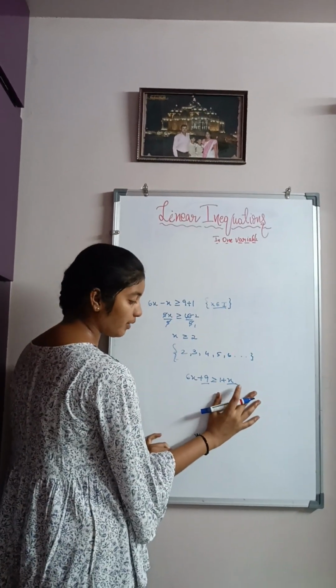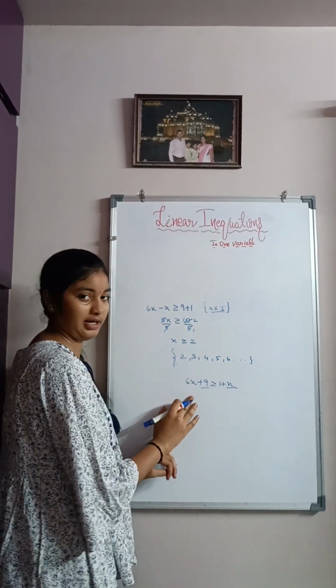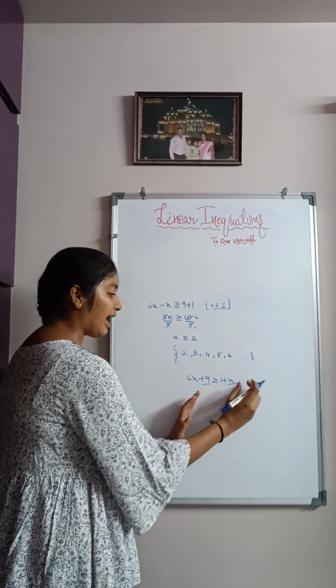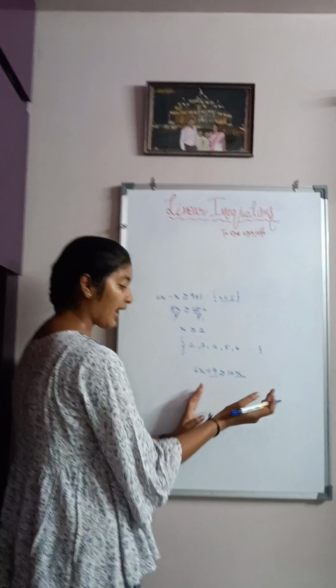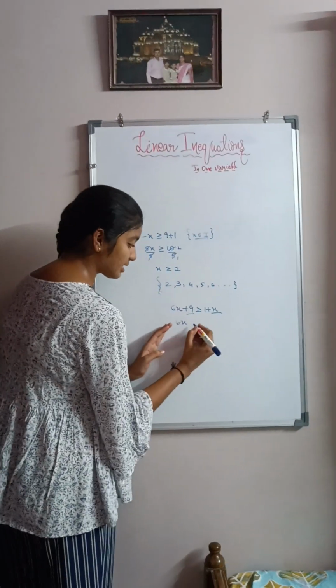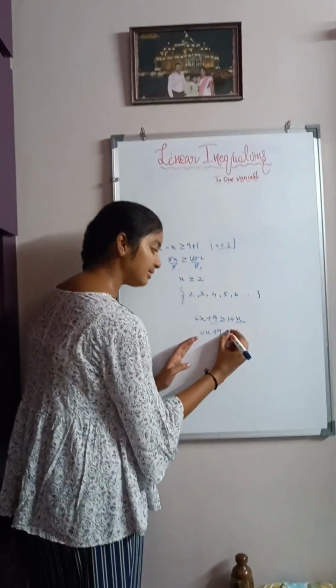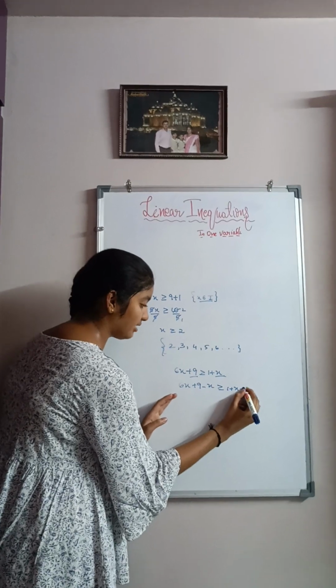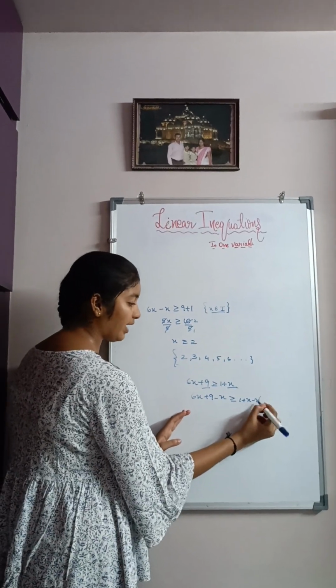In the right side the x should be eliminated and it should come to this side. So what we need to do is subtract x on the right side and on the left side. So 6x plus 9 minus x is greater than or equal to 1 plus x minus x. Then what will happen?